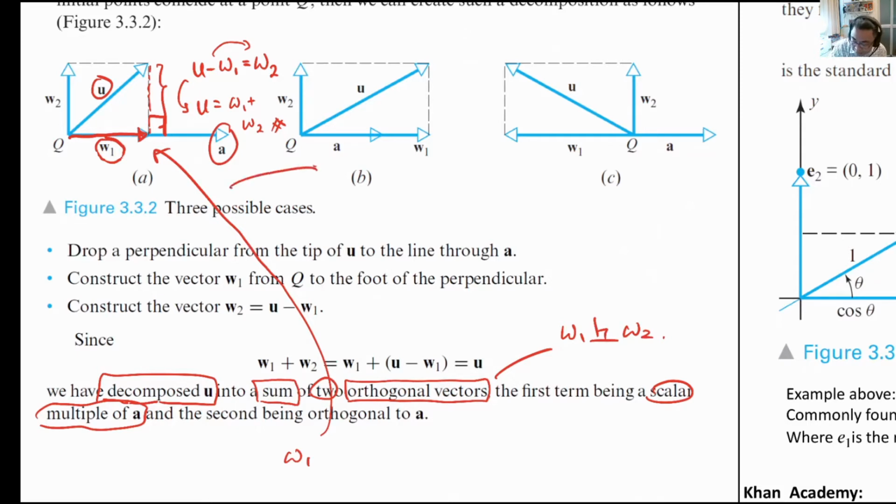We have other examples where now u is a long version of the previous example and W1 is a longer version of A, although they are still in the same direction. And in the last example, where we have u turning anti-clockwise, and now we are projecting u onto A, but now W1 is a negative scaled version of A.